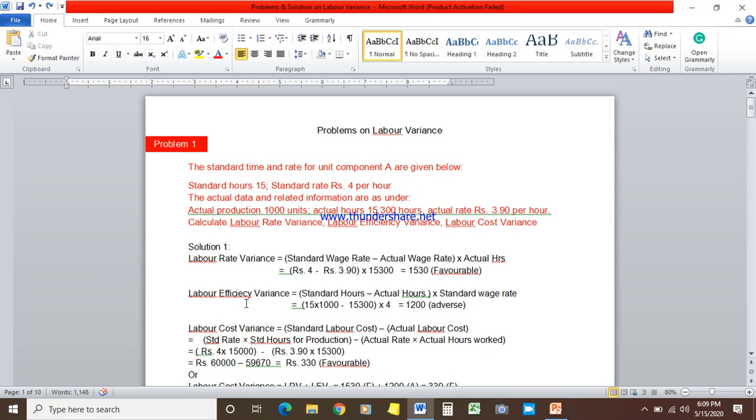Now labor efficiency. Efficiency is all about how much time the labor has taken compared to the standard, and how many hours he has actually spent.